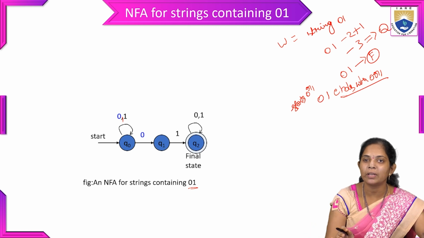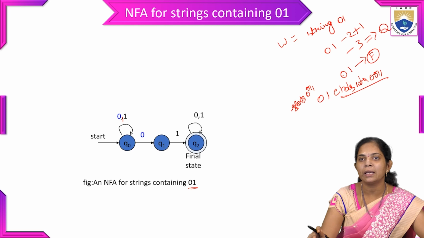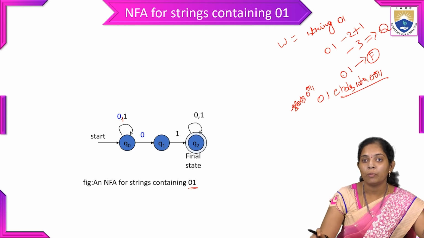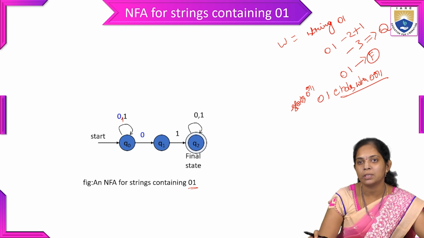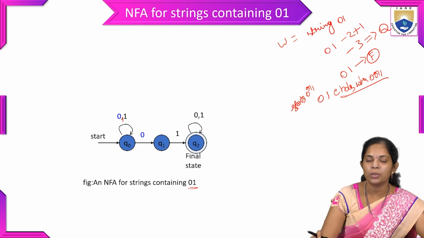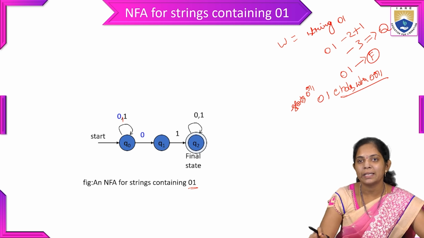That's why we have taken the two inputs. We have to mention all the input symbols that appear in the string. For this one we can also construct a transition table.